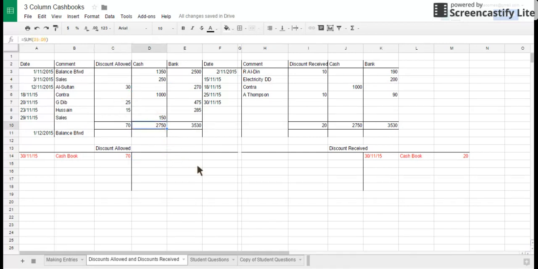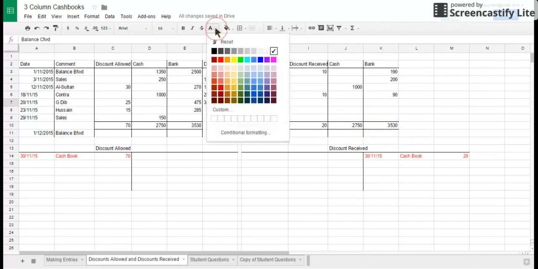Right. Now on to the basic balancing up. Well, for the cash and for the bank, the debit side is bigger. So what you'll notice here is I've put the 2,750 and 3,530 totals in already. We now need to work out the amount of the balance carried forward.